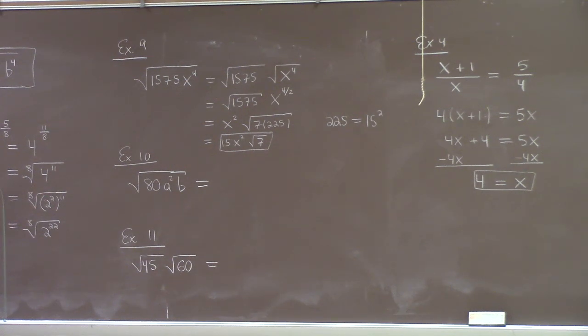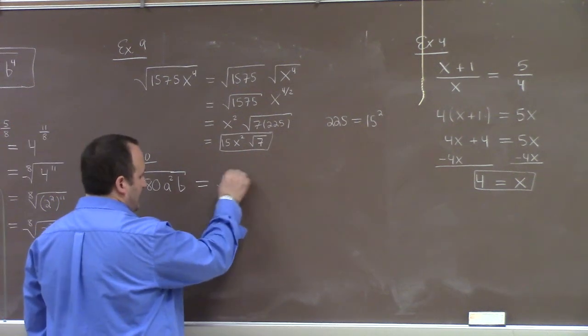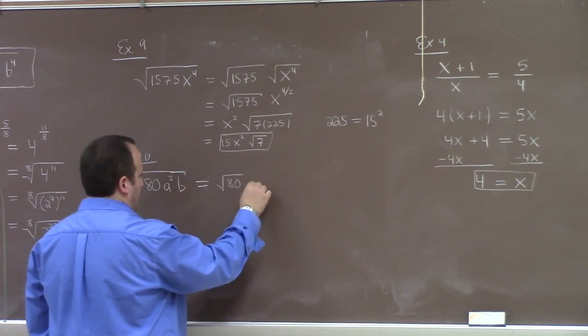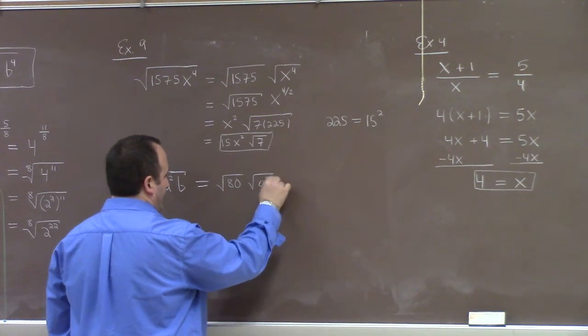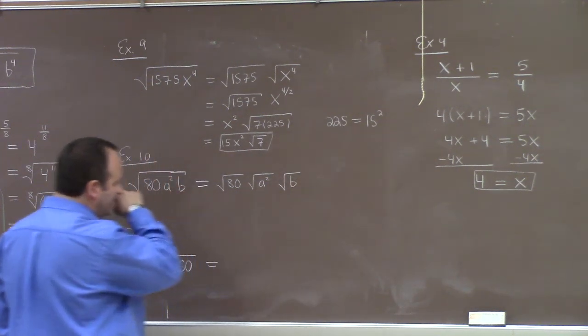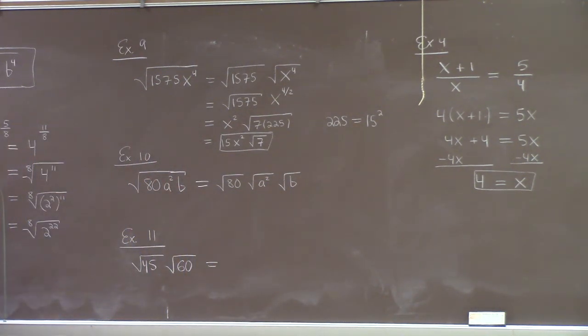Okay. All right, so this one, we do square root of 80, square root of a squared, square root of b. The square root of a product is the product of the square roots, provided that the quantities involved are positive. We don't have to worry about the absolute value issue here.